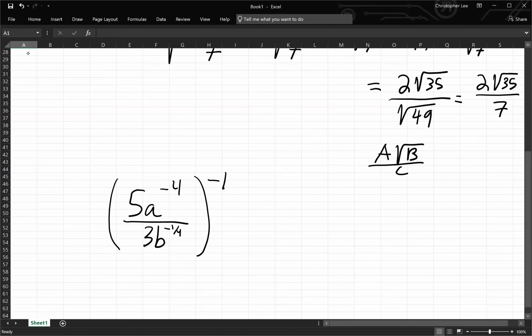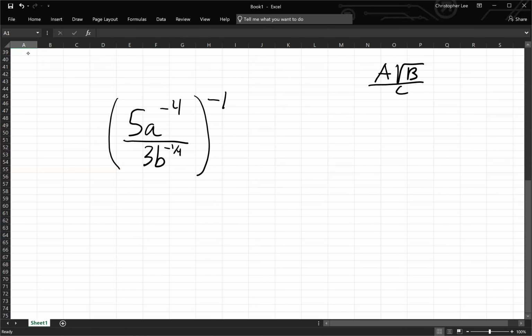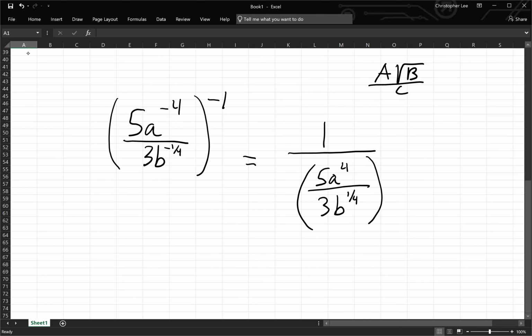So for this one, remember that whenever it's a negative exponent, it drops to the denominator. So this becomes 1 over, open parentheses, 5a to the 4th power divided by 3b to the 1 over 4 power. Then remember keep, change, flip.